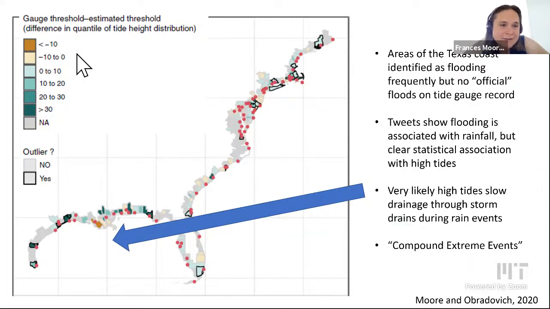So the interaction of those two extremes is probably pretty significant in increasing the frequency of flooding in these neighborhoods, but you're not going to pick it up just by looking at rainfall, and you're not going to pick it up just by looking at tides. This is what the climate science literature sometimes refers to as compound extreme events, where they're driven by the interaction of two unusual events.